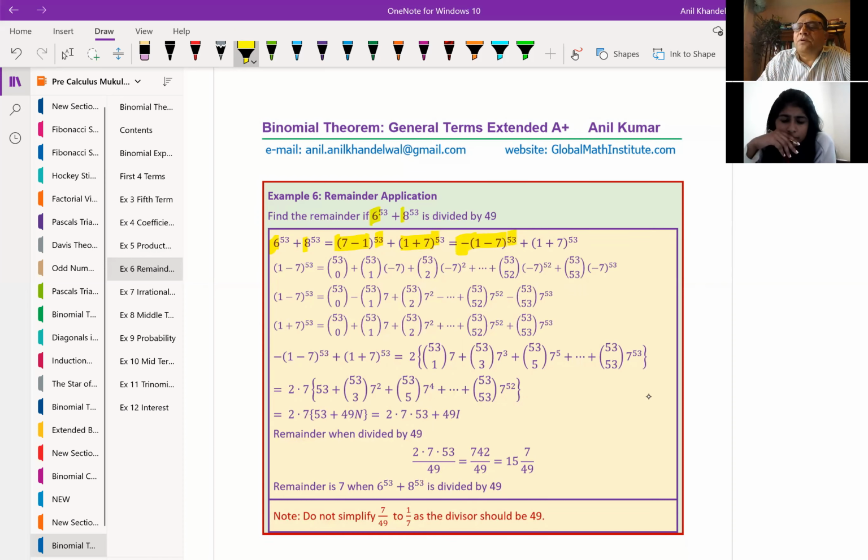Minus 1 to the power of an odd number is negative. The other term, 7 plus 1, I wrote as 1 plus 7 to the power of 53. Both series we will write with increasing powers of 7, because I've taken 7 later. Now, here is the expansion. I dropped the minus and just wrote 1 minus 7 to the power of 53. As you can see, the powers of minus 7 are increasing, and we have nCr in general, correct?